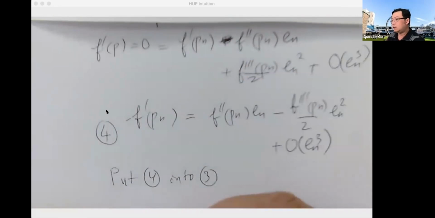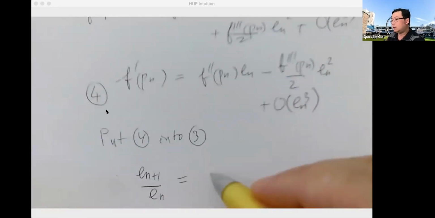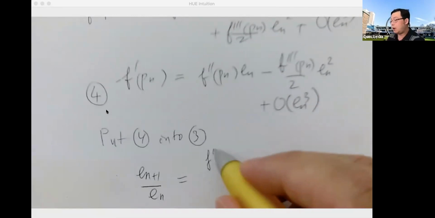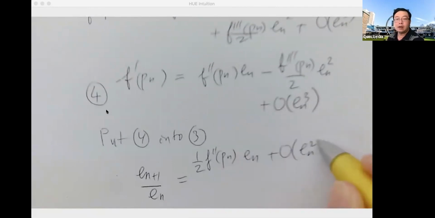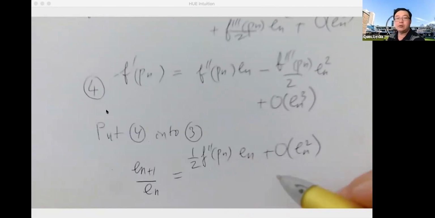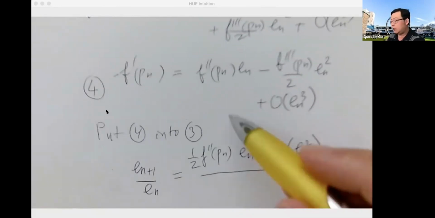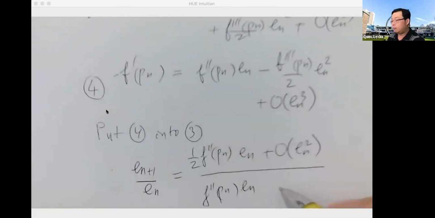So you have f double prime Pn, 1/2 En plus O(En squared). This is from the previous formula number 3. And now you put in the new stuff. So the bottom part, f prime Pn, becomes f double prime Pn En minus f triple prime Pn over 2 En squared plus O(En cubed).